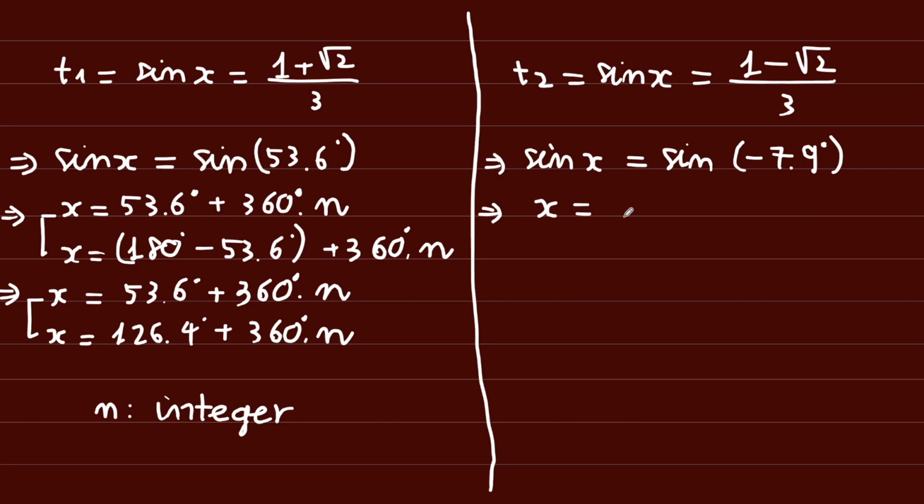The second general solution is for sin h equal to sin of minus 7.9.